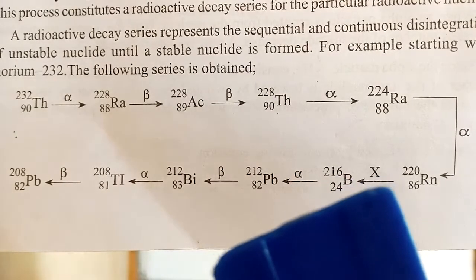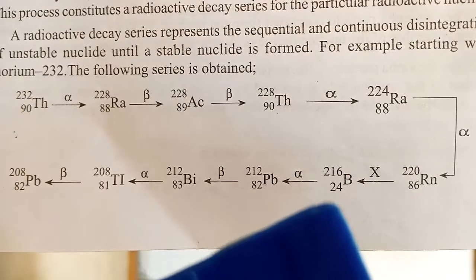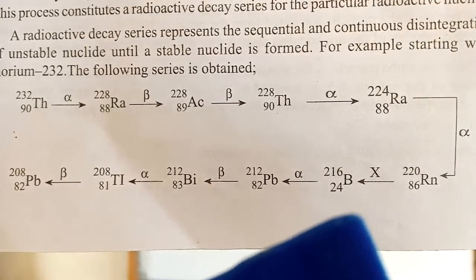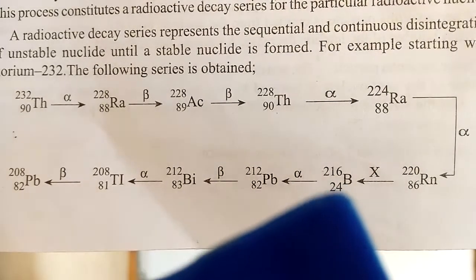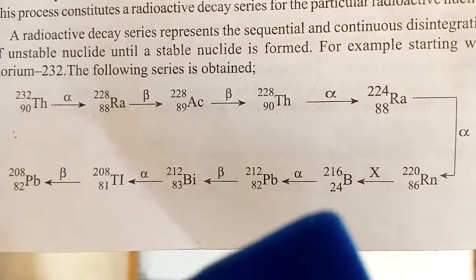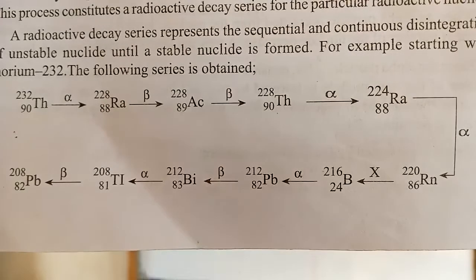This means particle X is alpha, because the mass number is reduced by 4 and the atomic number by 2, from 86 to 84. So this is 84, not 24. And then from there, another alpha is lost: 216 minus 4 gives 212, and 84 minus 2 gives 82, then forming lead.